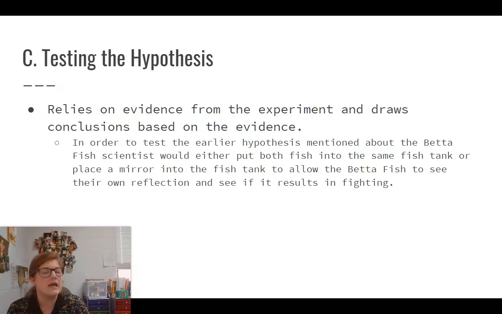So in order to test the earlier hypothesis about the cool betta fish, the scientists would either have to put two betta fish together in one tank, or they would have to put a mirror down into the tank of the betta fish to see if it is aggressive or tries to fight itself in the mirror. The mirror would be a little bit more humane approach because sometimes betta fish get to fighting one another and they could hurt one another.